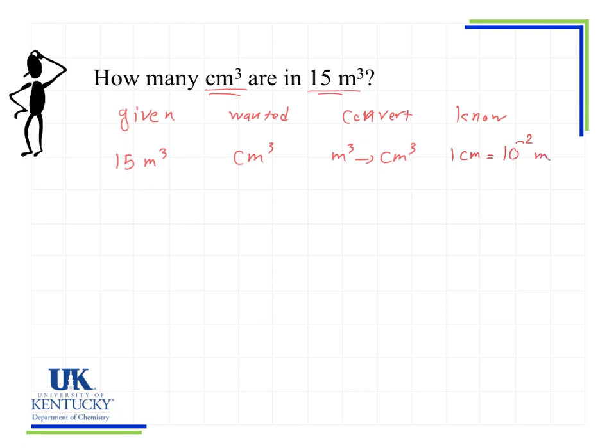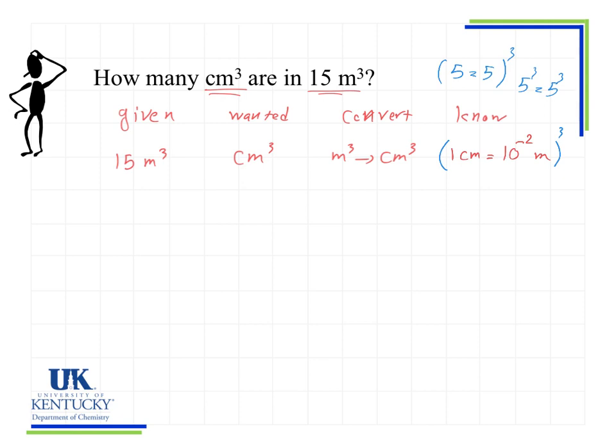We know that. But we need cubic meter and cubic centimeter. So how can we get that? So if we cube the whole equality, it doesn't change anything, right? For example, if 5 equals 5, and if I cube them, again, 5 cubed equals 5 cubed, right? I don't change anything. The equality is still valid, okay?